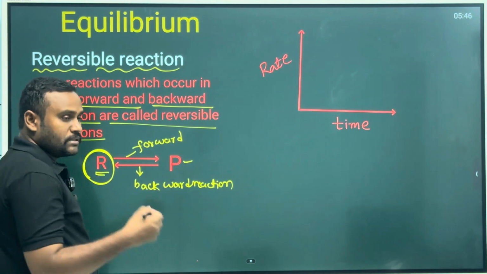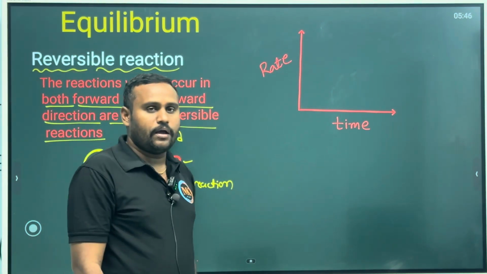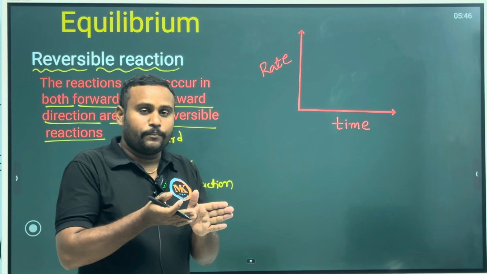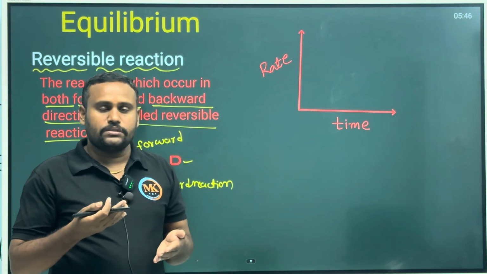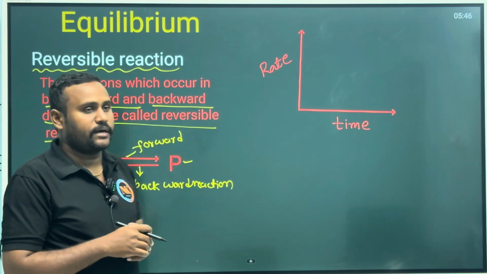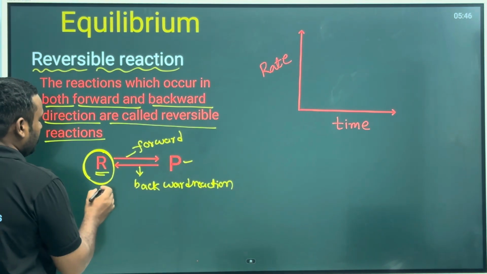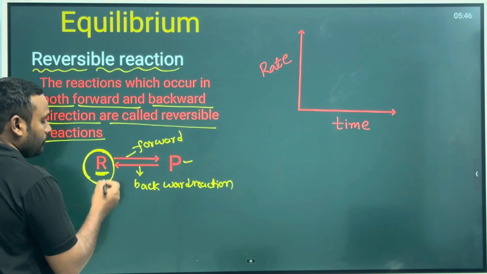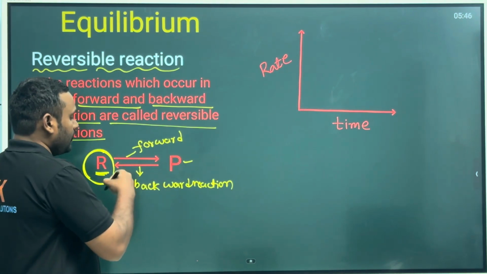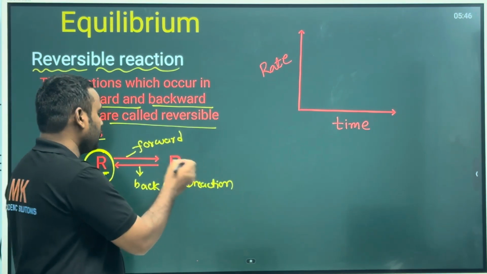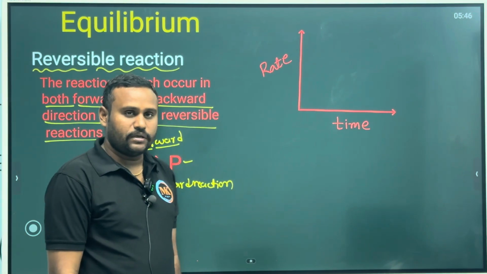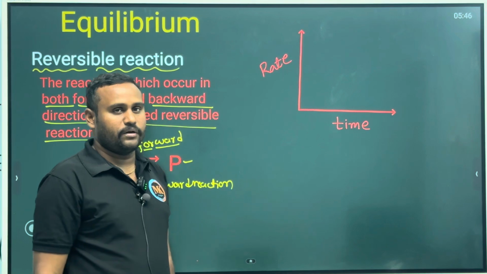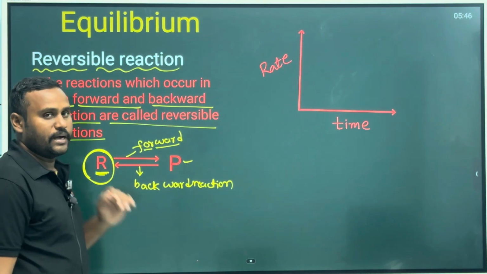As time proceeds, some amount of product is formed, and that product slowly starts to convert back into reactant. At the initial condition, we only have the forward reaction, if you start with only reactant.